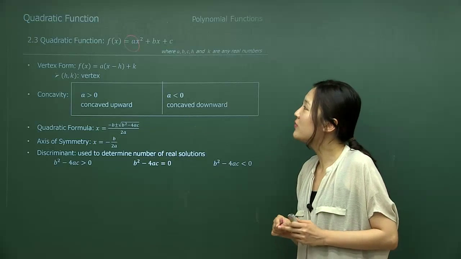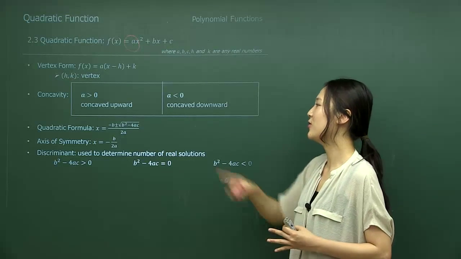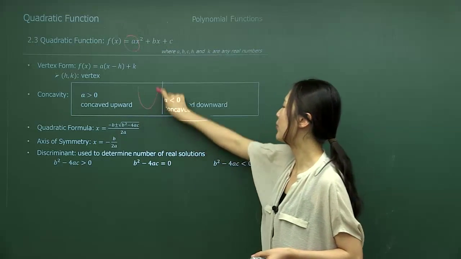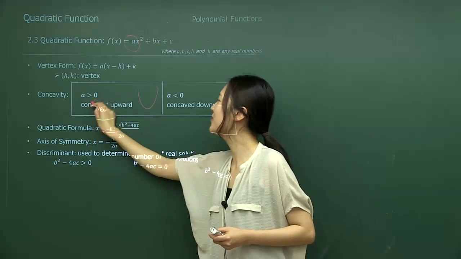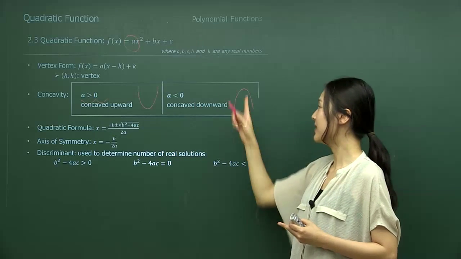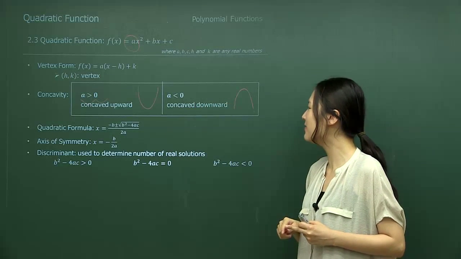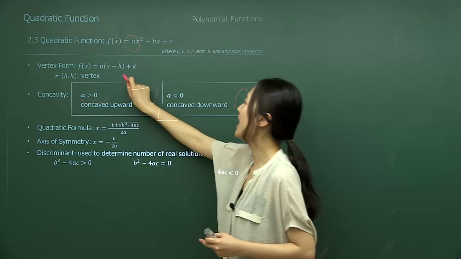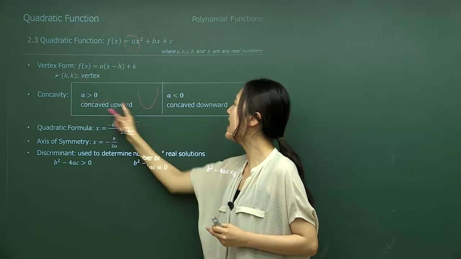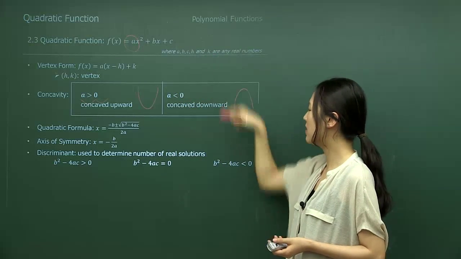The leading coefficient tells you whether your graph should concave upward or downward. Positive a gives you a concave upward graph. Negative a gives you a concave downward graph. That was really simple, right? So here again, (h, k) is the vertex, and a tells you which way it will concave.